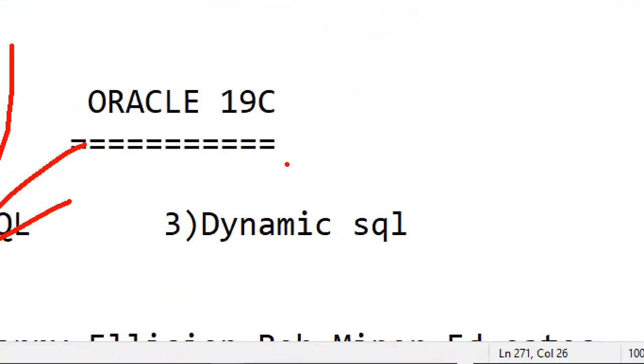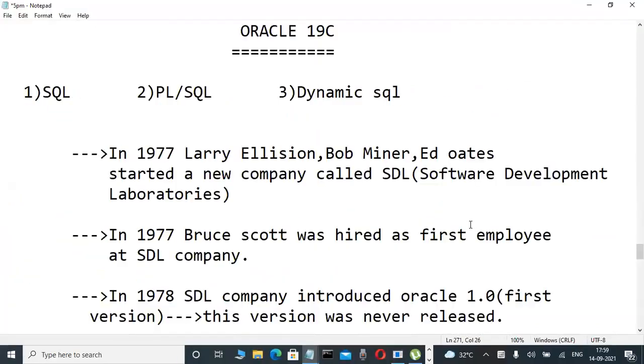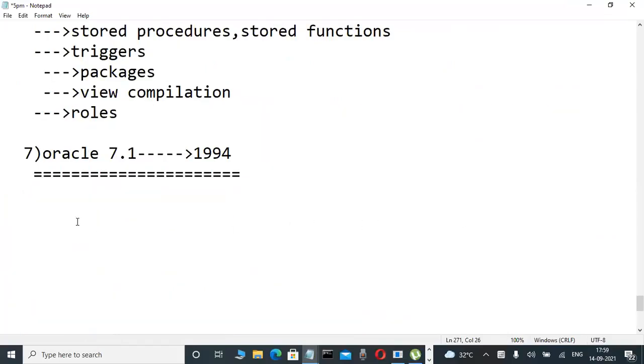But another language, dynamic SQL, is available from Oracle 7.1 version onwards. They introduced this one in 7.1. I am telling this just for awareness purposes. Write it. Introduced dynamic SQL.